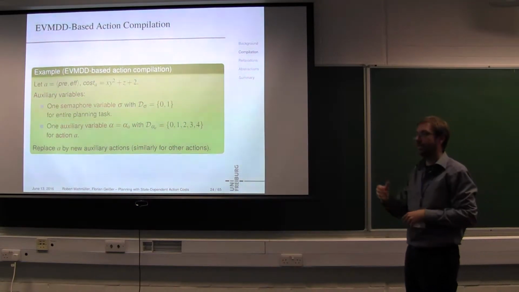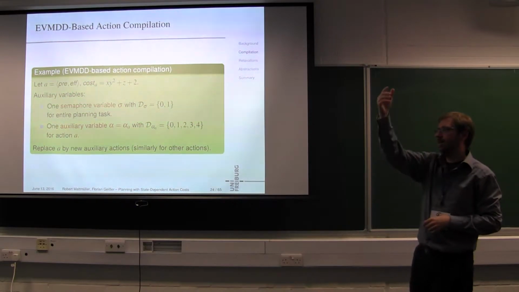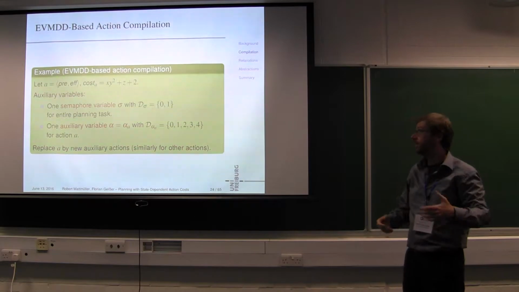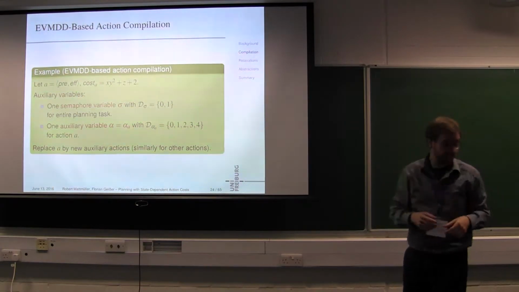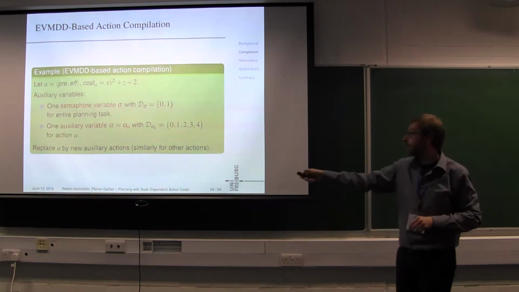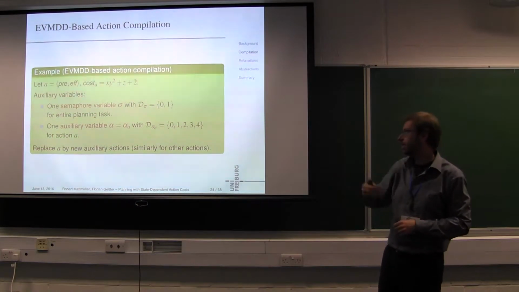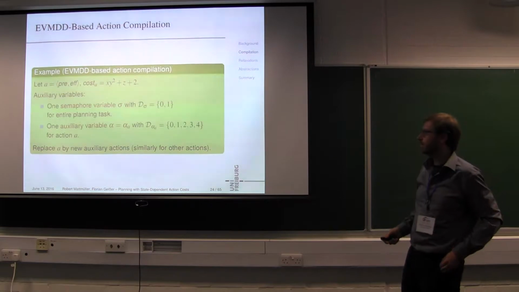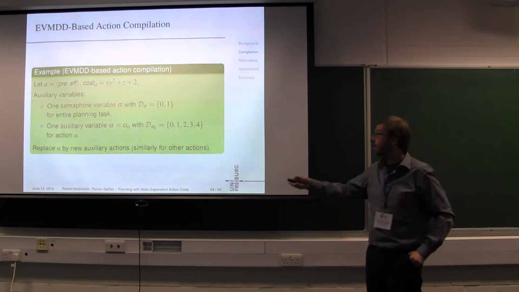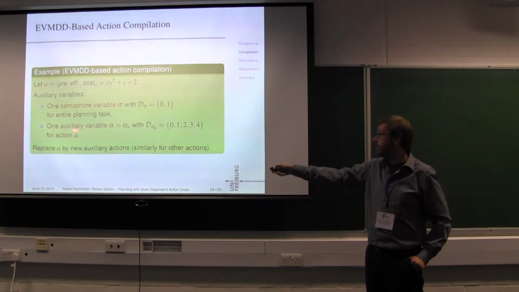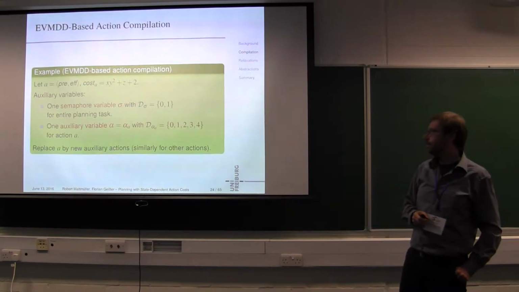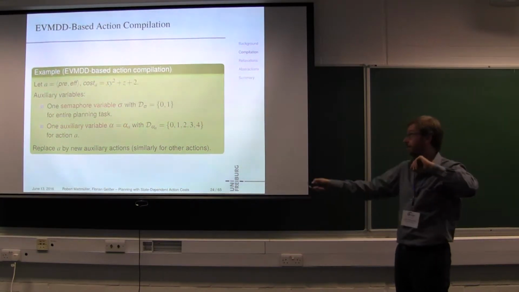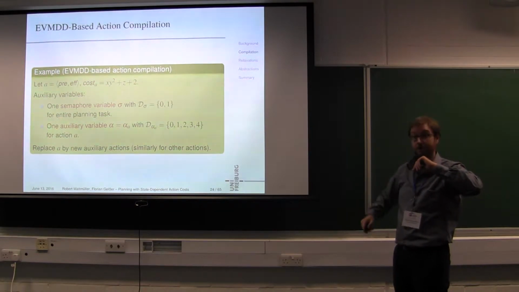One original action can become a sequence of compiled actions, and another original action can also become such a sequence. But if you want to avoid interleaving them, you can use the semaphore to make sure that only one edge-valued MDD is evaluated at a time, or one original action is executed at a time. And then we need this one auxiliary variable alpha for each action A that keeps track of where we currently stand in the evaluation of the cost function MDD for action A.